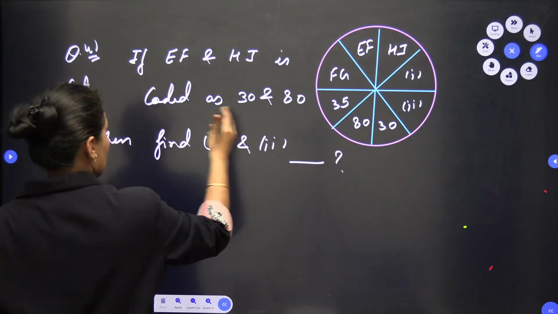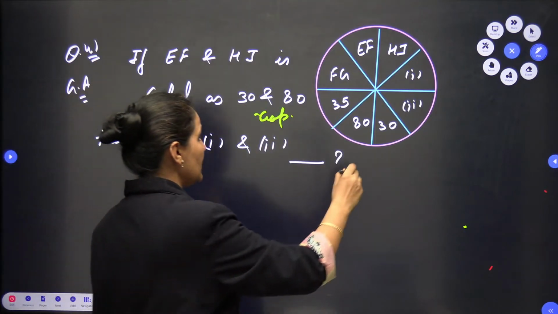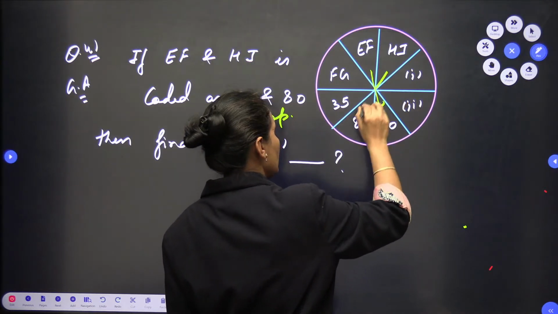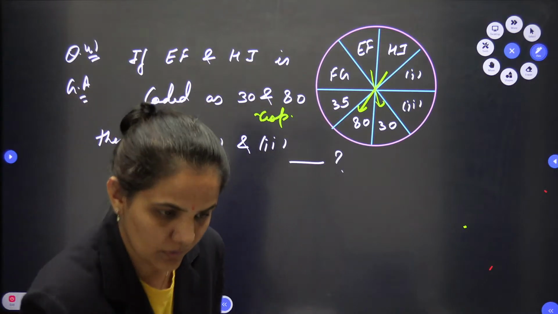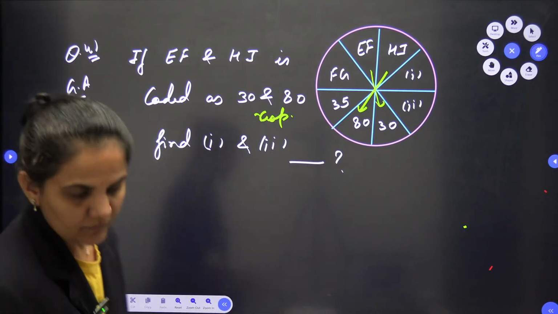So EF is coded as 30, and HJ is coded as 80. We need to understand what relation we have here first of all, and then accordingly we can solve it.